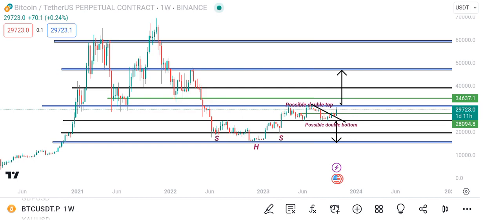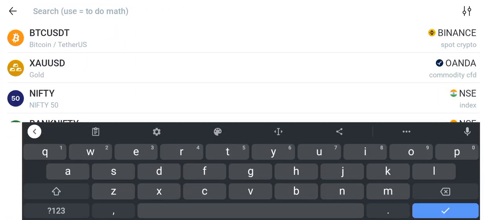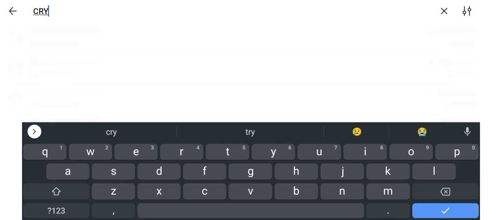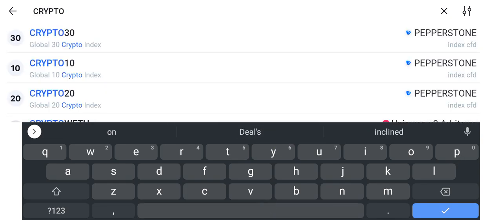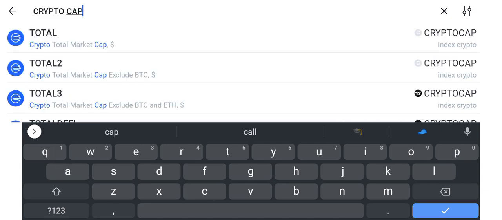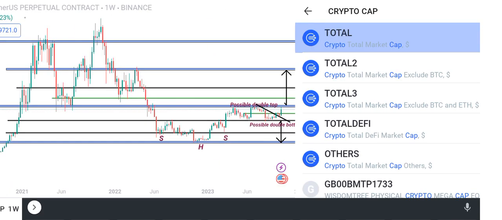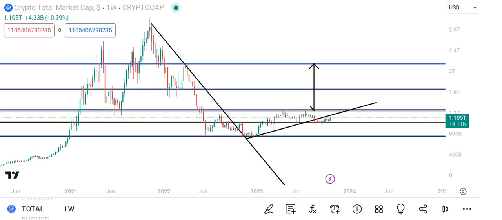Okay, let me start by showing you the crypto market cap. Here it is.